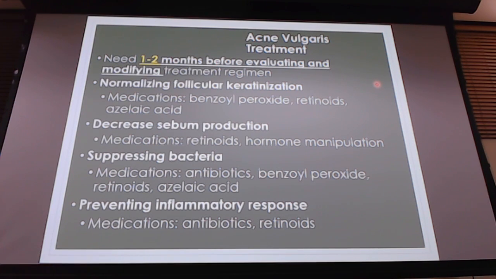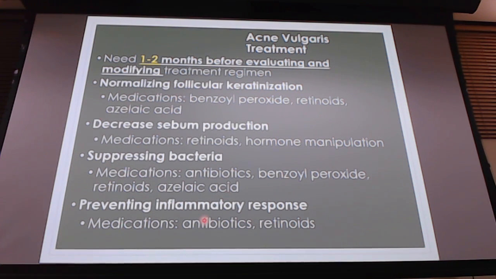Looking at these different ways in which somebody can have acne vulgaris, you see you're normalizing follicular keratinization. The medications that we have to use for that are going to be your benzoyl peroxide, your retinoids, and your azelaic acid, which we're going to talk about. Decreasing the sebum production, if that is what is causing them, you have retinoids and hormone manipulation. Suppressing the bacteria, we can use antibiotics, some systemics, we have topicals as well: benzoyl peroxide, retinoids, azelaic acid.